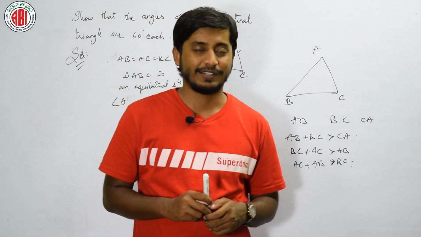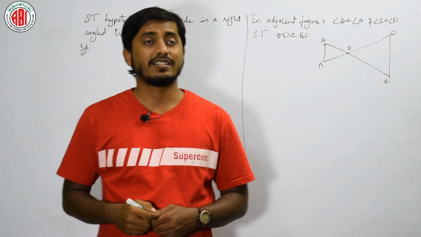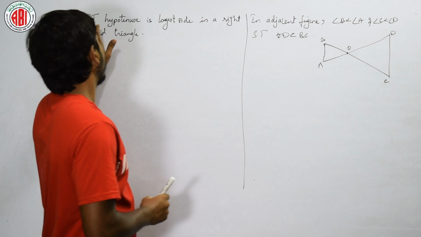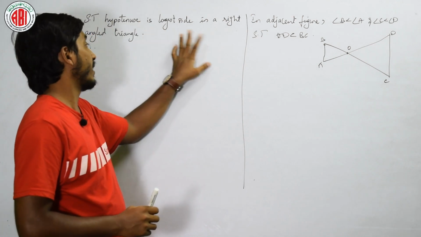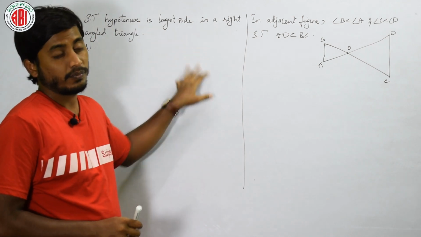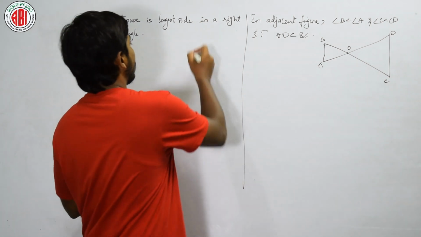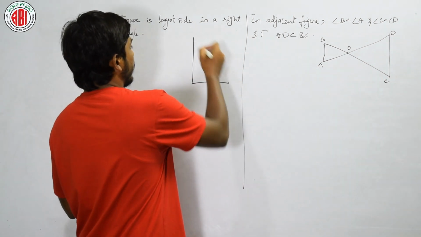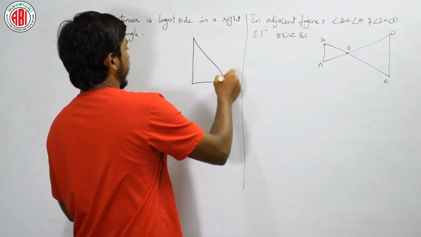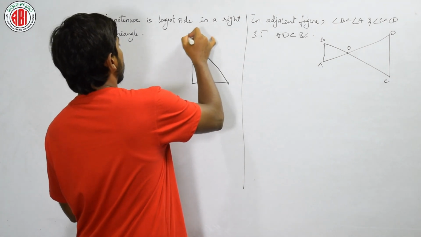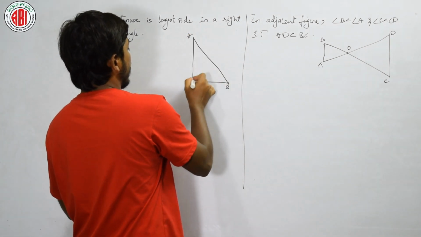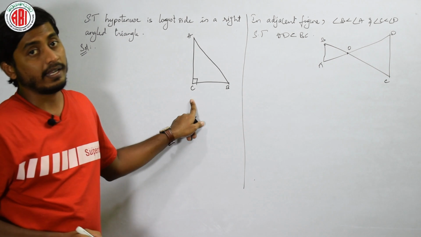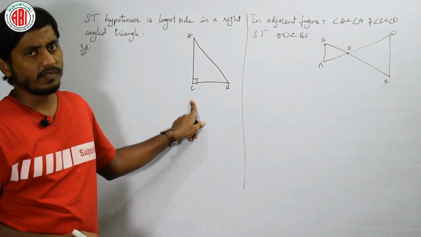Okay? Let us do. Look at these questions here. He is telling that show that the hypotenuse is the longest side in a right angle triangle. How do we prove? These are the simplest things to prove, but the only thing is we have to concentrate. Let us assume ABC is a triangle right angled at C. Clear?